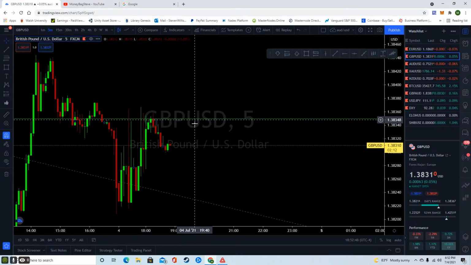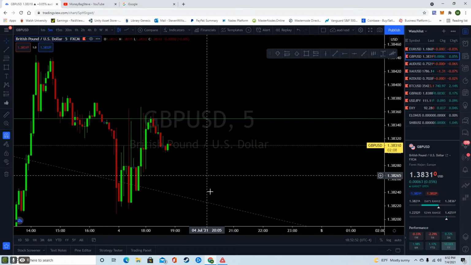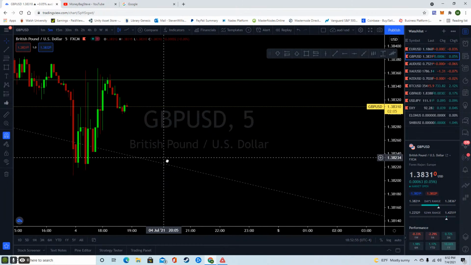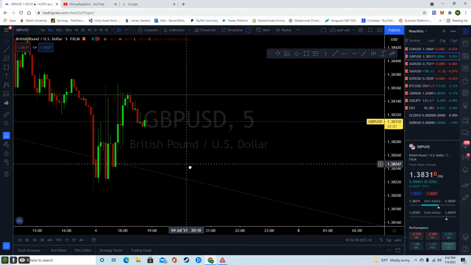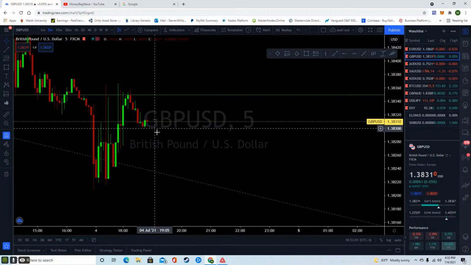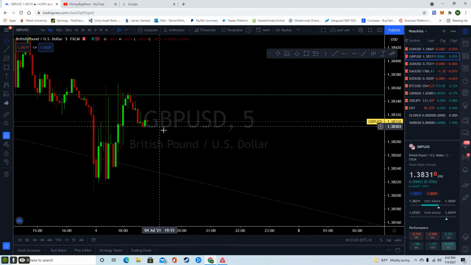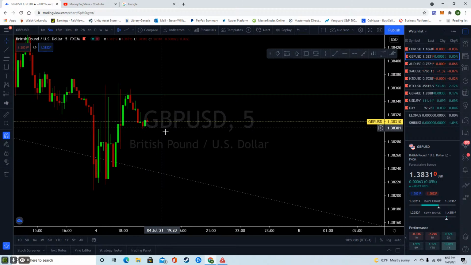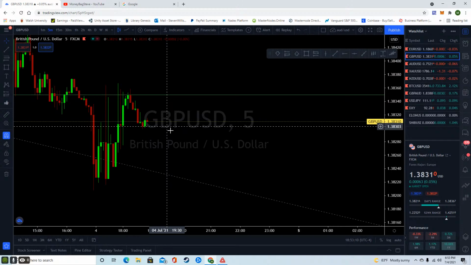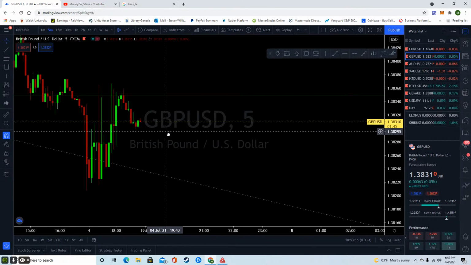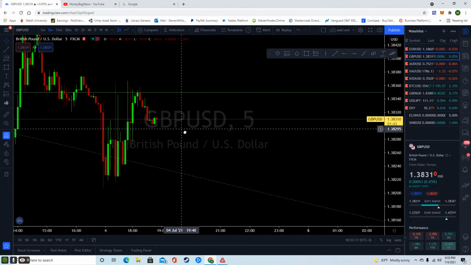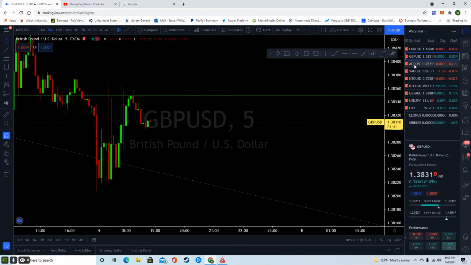The goal is to have it come up here so when it does tank to the downside, we get a bigger profit. If it comes back down to right about here, I will probably take a sell, just because of market structure.